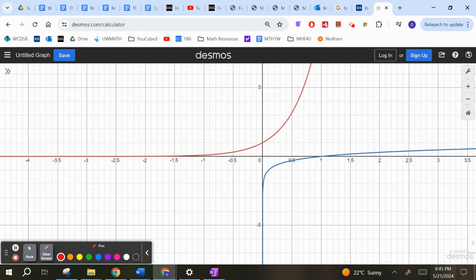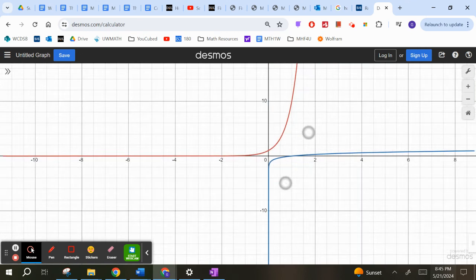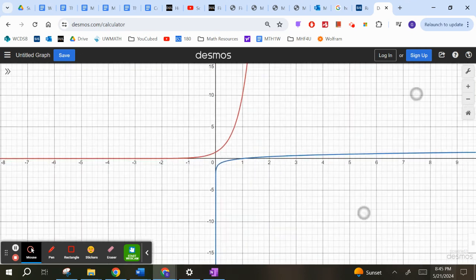We know that because inverse graphs are basically reflections along the line y equals x. I don't know if that's quite to scale. No, that wouldn't be to scale. But those graphs are basically reflections along that line. Okay. All right. So those are what those two graphs look like.